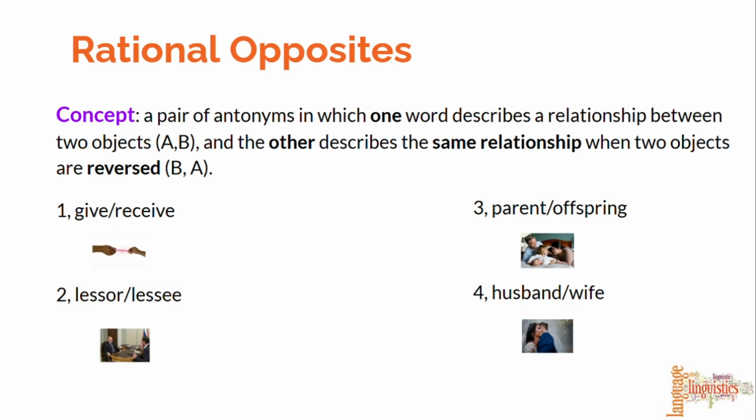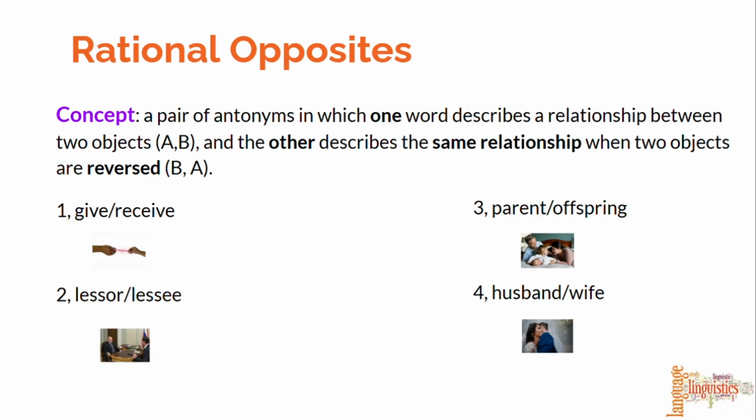Let's look at relational opposites. The concept of relational opposites is a pair of antonyms in which one word describes a relationship between two objects, A and B, and the other describes the same relationship when those two objects are reversed, such as B and A. Let's look at those example pairs.